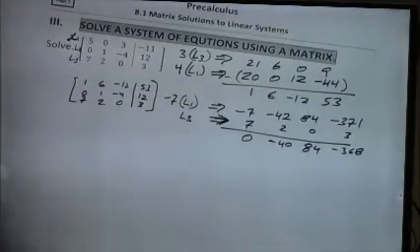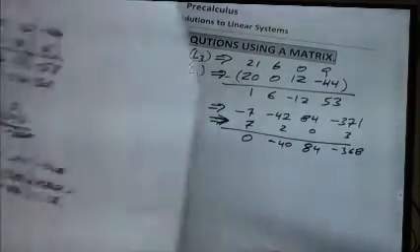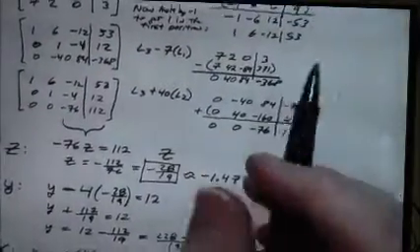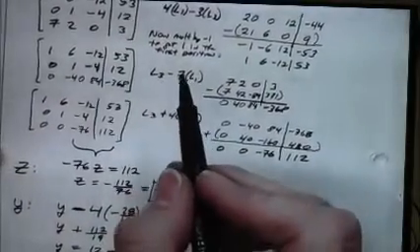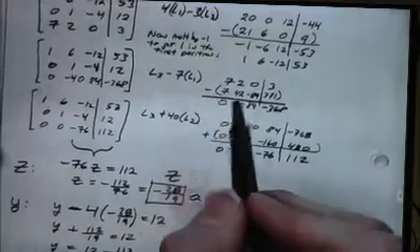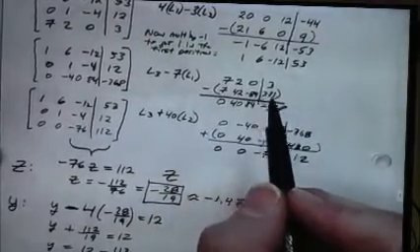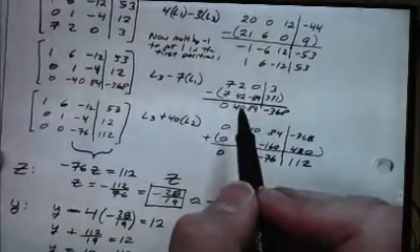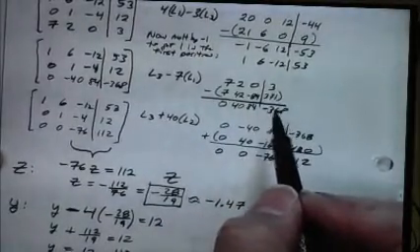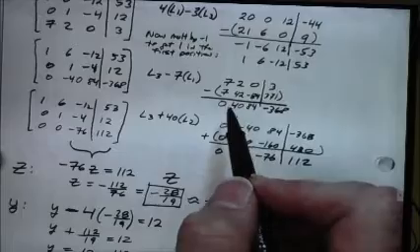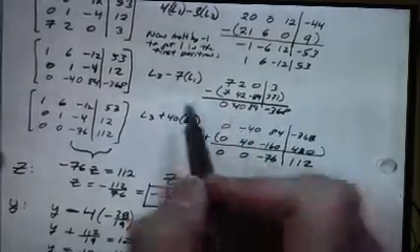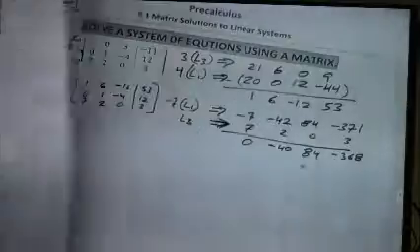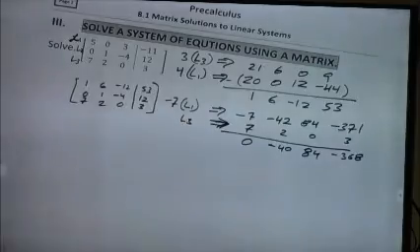Now, interesting thing. When I did this, I did it a little differently. So take a look at this because you can see there's different ways to do it. I just multiplied by 7, and then I subtracted. So I multiplied the second one by 7. They were all positives and negatives the other way. But when I did that, I still ended up with the numbers that I needed to have here. So I ended up with the same thing. So there are multiple different ways to do it.